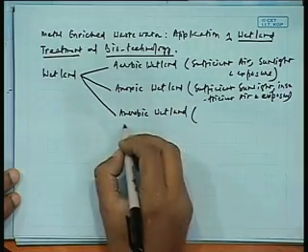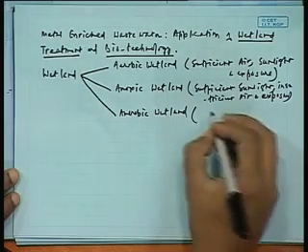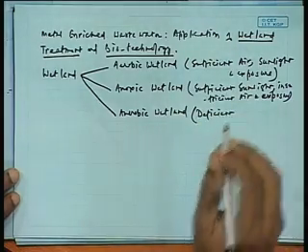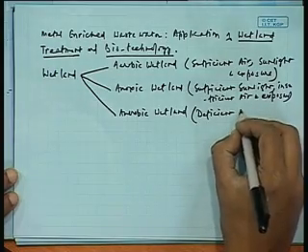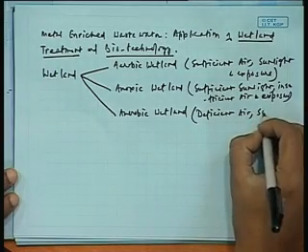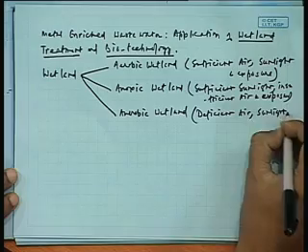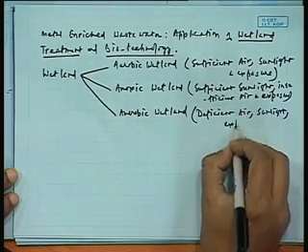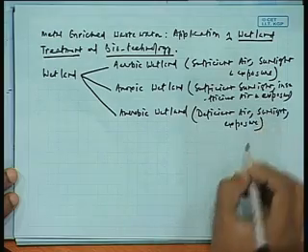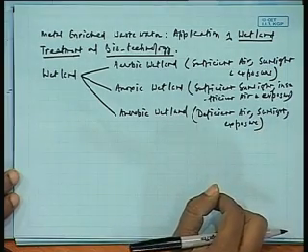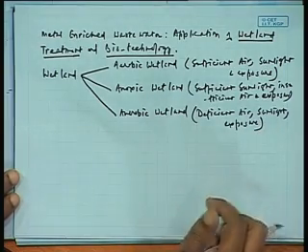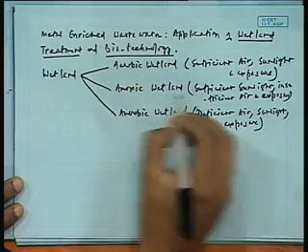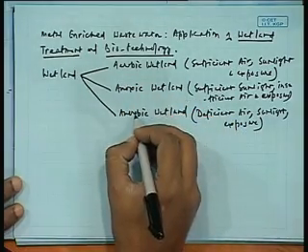In the anaerobic wetland, we have both deficient air, sunlight and exposure. So this is what is known as the aerobic wetland, anoxic wetland, and anaerobic wetland.